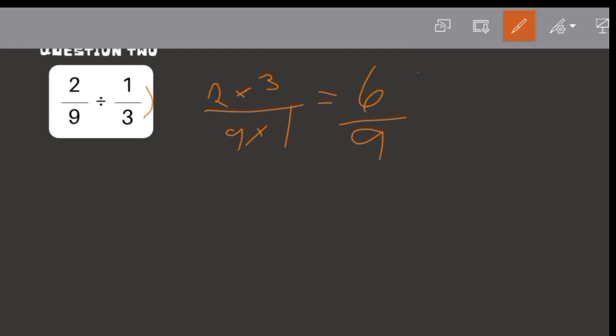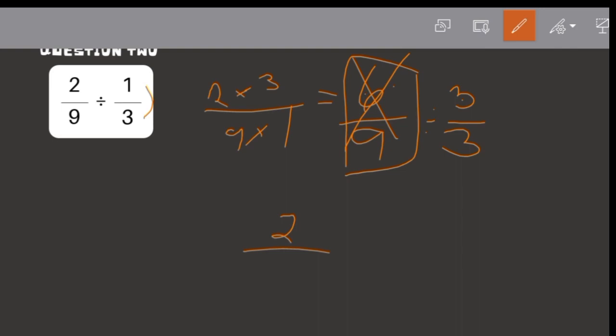Is that our final answer? No, it's not. Since it has a greatest common factor, or GCF, right? You can simplify it. So the GCF is 3. So just divide it by 3. 6 divided by 3 is 2, and 9 divided by 3 is 3. So our final answer is 2 over 3.